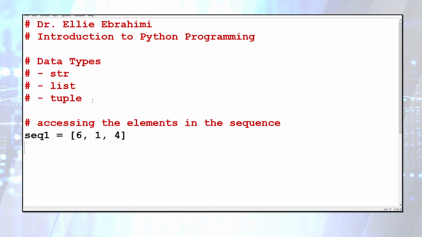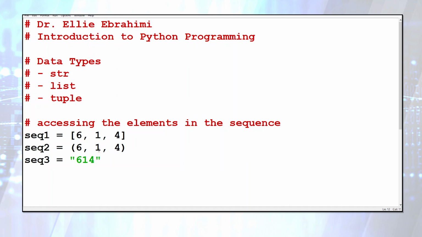If I create another sequence, let's say sequence 2, and I put parentheses, even with the exact same numbers, as soon as I see the parentheses, I know this is type tuple. And then I'm going to create another sequence, sequence 3, and I'm going to create a string, and put these values in it.